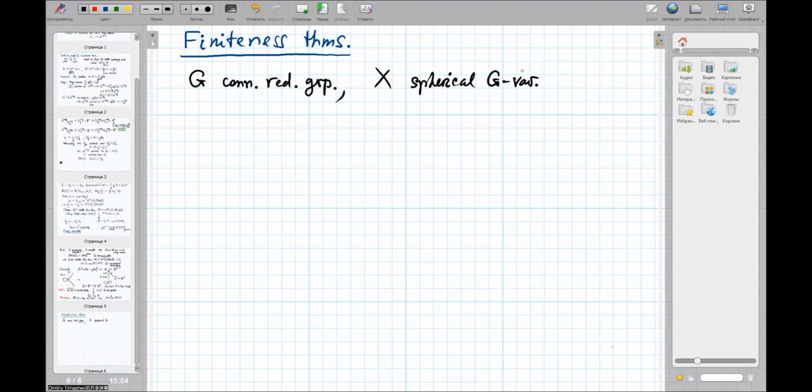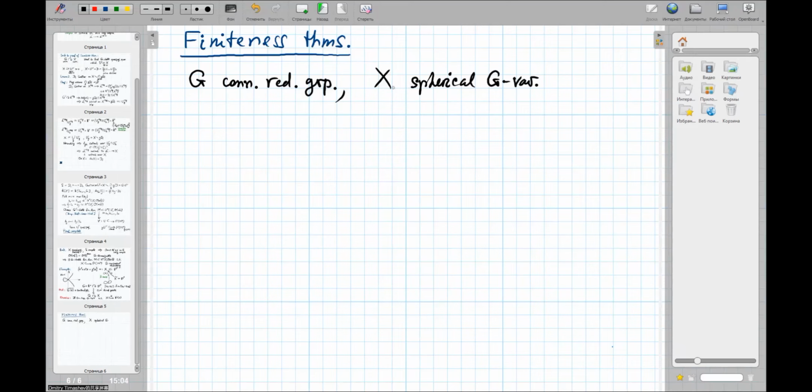Of course, G itself also acts with an open orbit, but the condition is stronger. A Borel subgroup in G has to act on X with an open orbit. And also let me remind you that I assume that spherical varieties are normal. So I don't write it explicitly, but when I speak about spherical varieties, I assume normality. Actually, it is not essential for the theorem which I'm going to formulate, but it will show up in the proof. So let me just, for safety and for convenience, assume that X is normal, as I always will do.